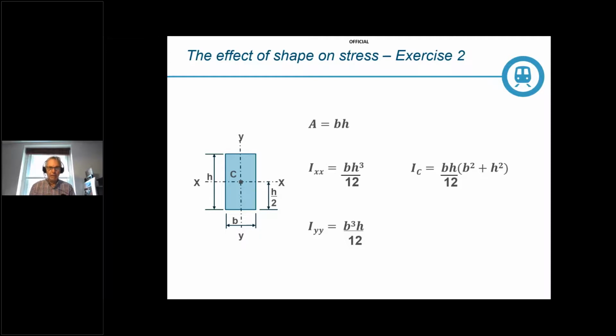In the YY direction, so that's bending it in the flat direction, it has an IYY of about 90. So it's about 170 times more effective at resisting bending if you bend it in the on edge direction than the flat direction. That's really important. Without changing the shape of the piece of material, it's just how we load it, the orientation of load.